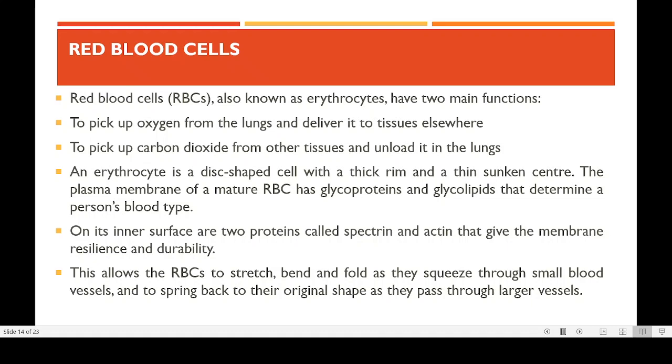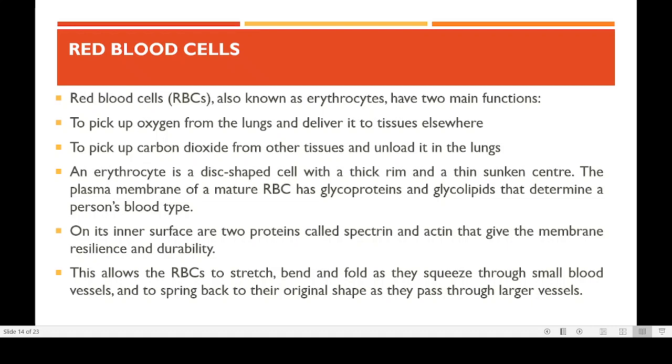Their main function is to give some kind of strength and durability. So the strength of the RBC is mainly made up of two proteins. One is spectrin, the second protein is known by the name actin. Because of the presence of actin and spectrin, RBCs can stretch, bend, fold, and they can pass through small blood vessels.